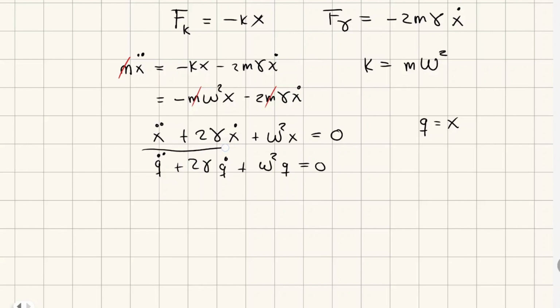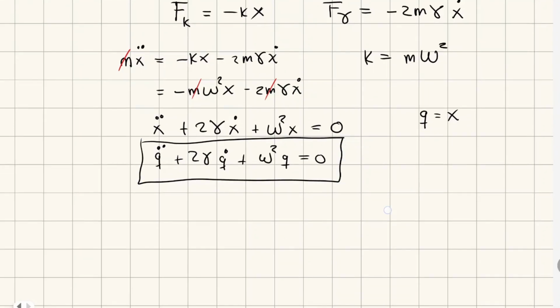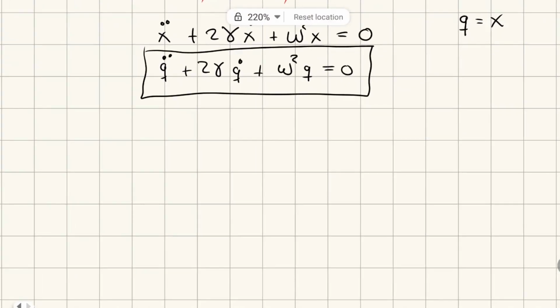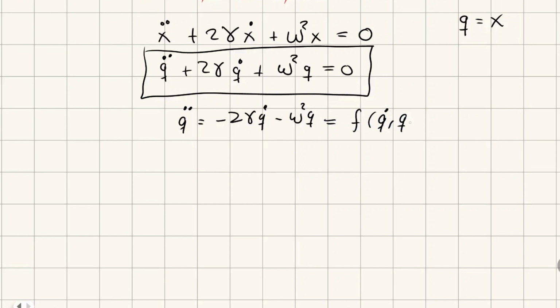What I want to do with this equation to explain the concept of this video is that we can establish that q double dot is equal to negative 2 gamma q dot minus omega squared q, because this can be seen as a function f that depends on q dot, q, and maybe t.